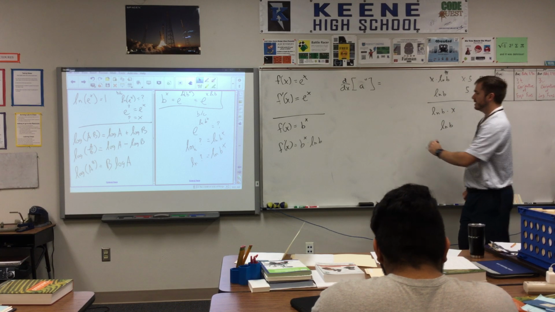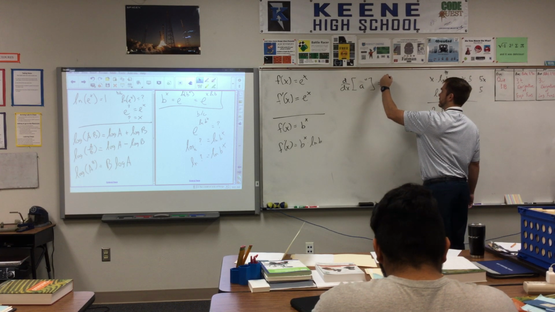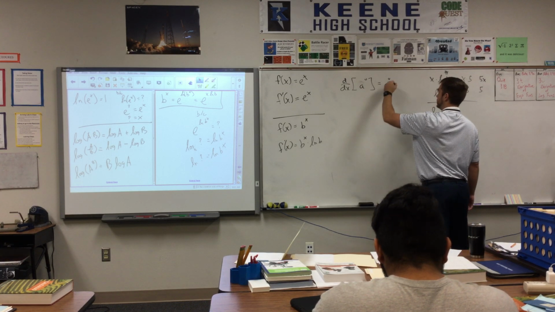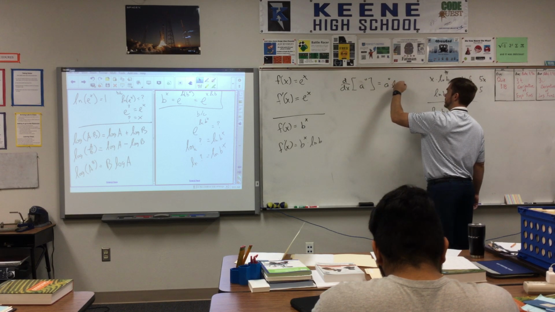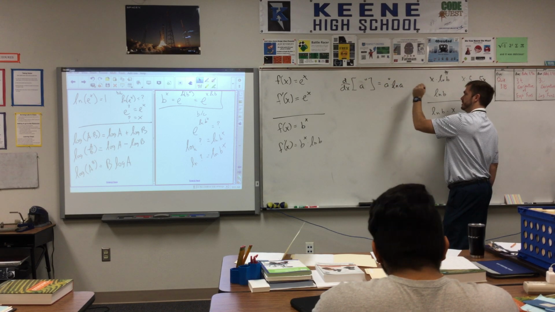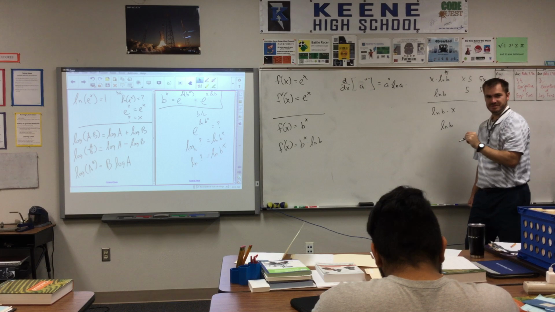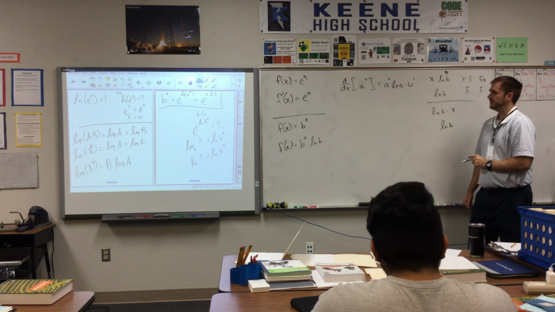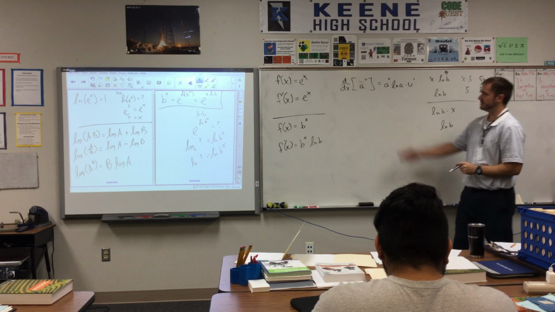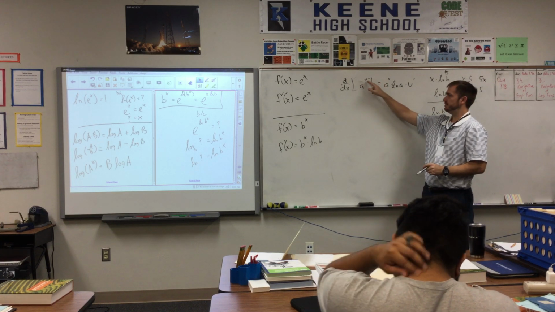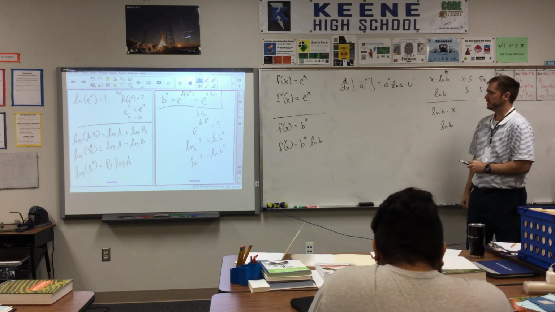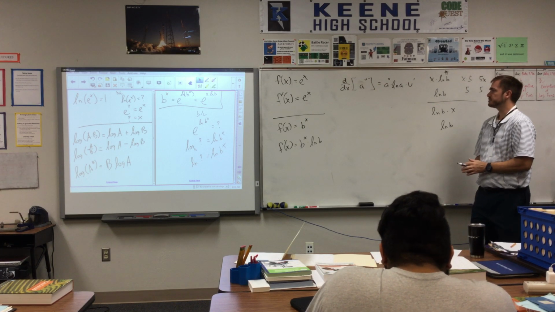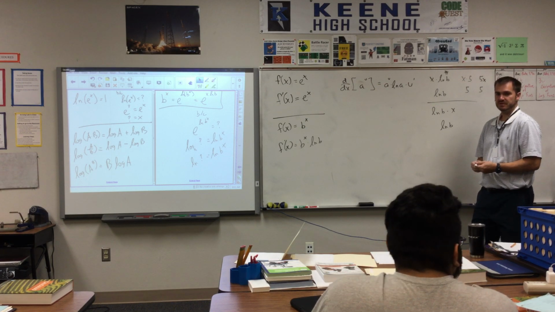It's a to the u times ln a, times u prime. So everything is u prime, right? Pretty much, because it's a function of u, and then u is a function of x. Nice. That one makes sense.